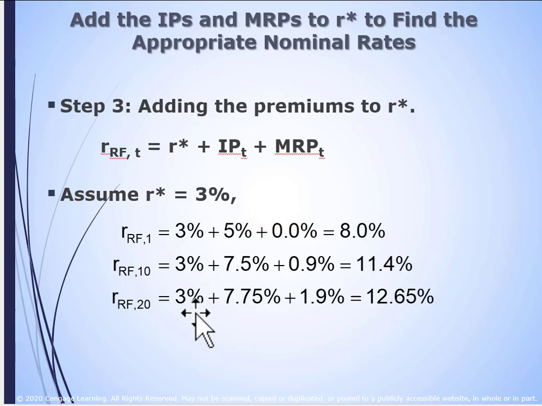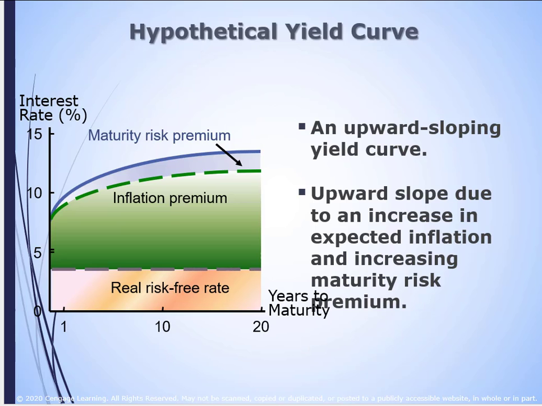The real rate's always the same for everything on the same day. 7.75% is the inflation premium. 1.9%, in case we calculated that, is the maturity risk premium. So the risk-free rate for 20 years is 12.65%.